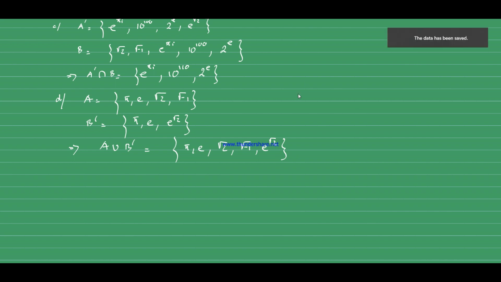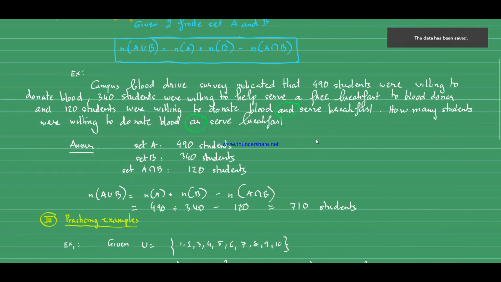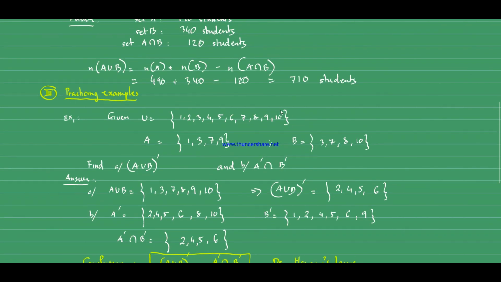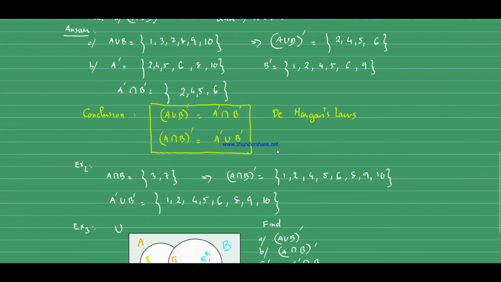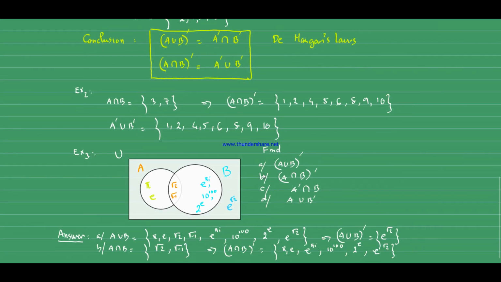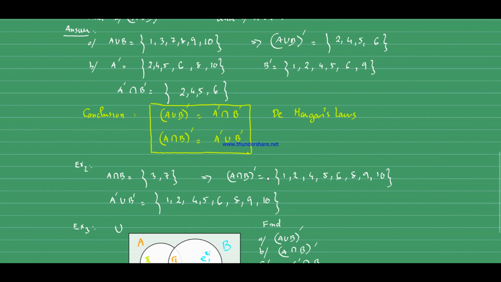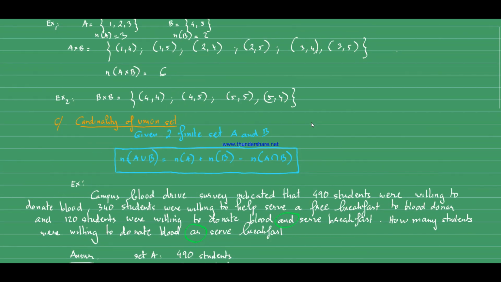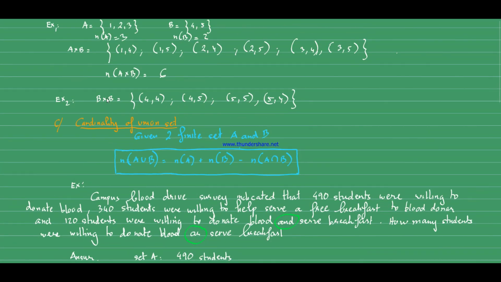Okay. Good. I'm going to stop this video right here because that's all we need to know. The most important part in this video is that you need to know how to find intersection and union.